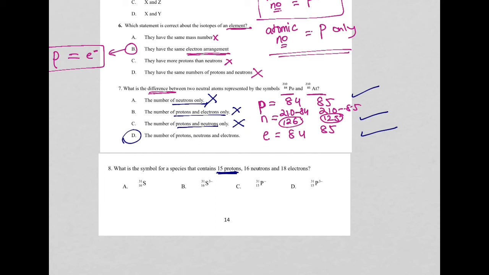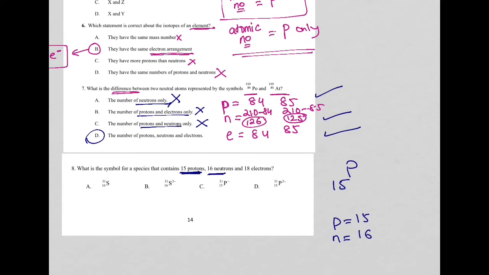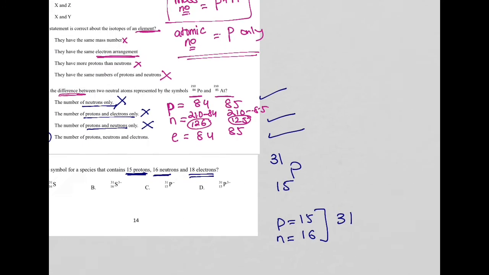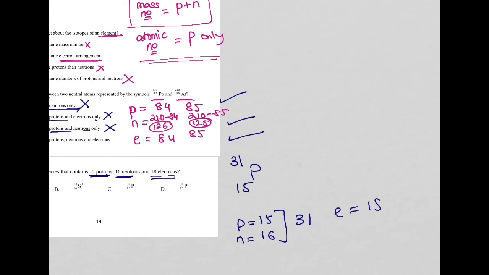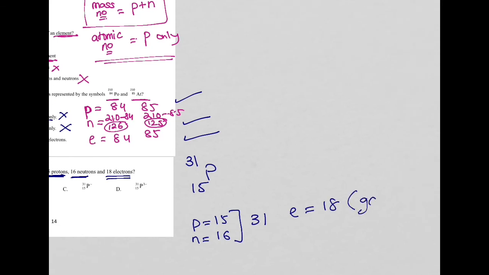And if you look at it, you'll see that phosphorus has 15 protons. 16 neutrons, so protons is 15, neutrons is 16, which means that the number of nucleons, mass number, would be 31. 31 on top, and then 18 electrons, which means that it has gained 3 electrons.